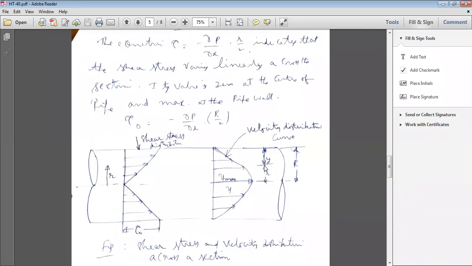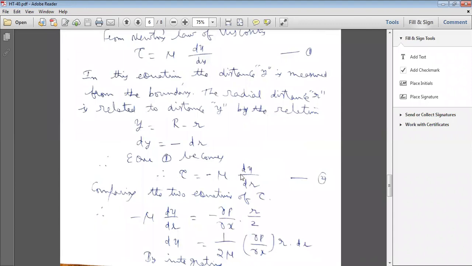So this is one equation for shear stress tau, and the other is minus dou p by dou x into small r by 2. Comparing the equations of shear stress tau, minus mu into du by dr is equal to minus dou p by dou x into small r by 2.